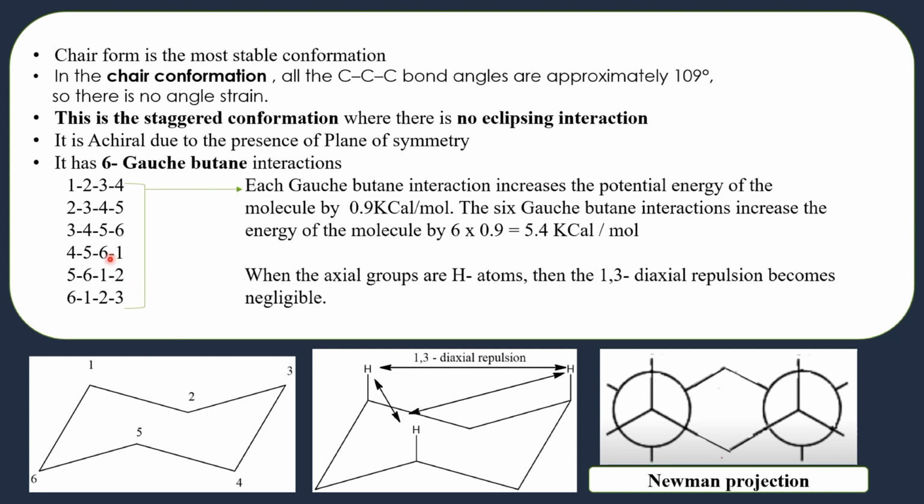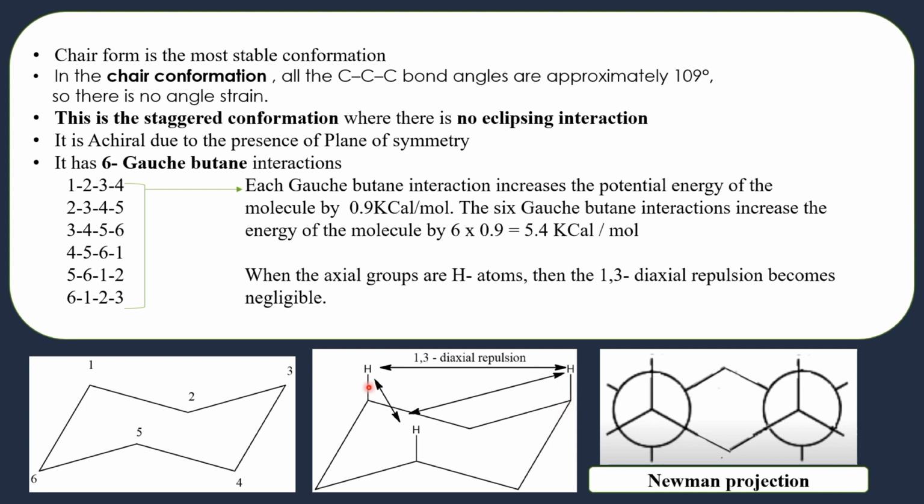Every gauche-butane interaction increases the energy of the molecule by 0.9 kilocalories per mole. Since there are 6 gauche-butane interactions, the energy of the molecule is raised by 5.4 kilocalories per mole. Apart from this, there is another repulsive interaction present in cyclohexane, that is the 1,3 diaxial repulsive interaction.